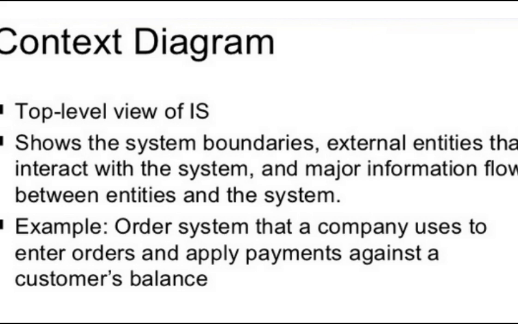Context diagram is the top level view of the system. It represents the system boundaries, and the external entities that interact with the system. The major information flows between entities and the system can be represented with the context diagram.